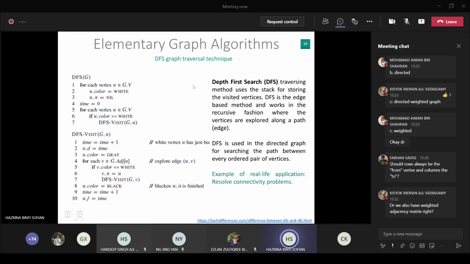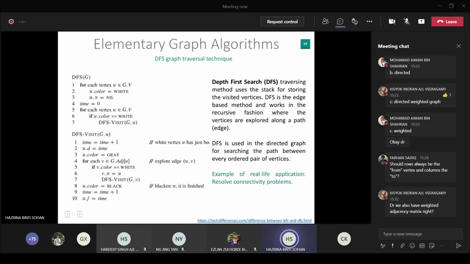Okay, so you can use the depth first search to make sure that you visit all of them. You can also use it when you need to make sure there is connectivity. Let's say you want to travel the entire world, but between Malaysia and United Kingdom, maybe there's no connecting flight.